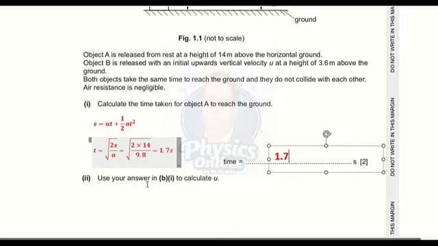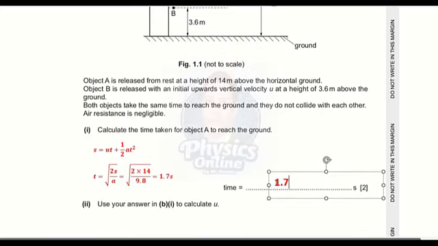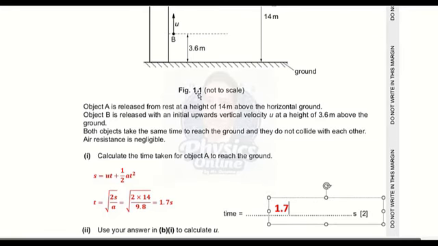Use your answer in B1, 1.7 the time here, to calculate u. u is the initial velocity for object B that is being released. Let's ask the same question. What we have here for object B? We have the time now, displacement 3.6, and we have 9.81 as gravity.